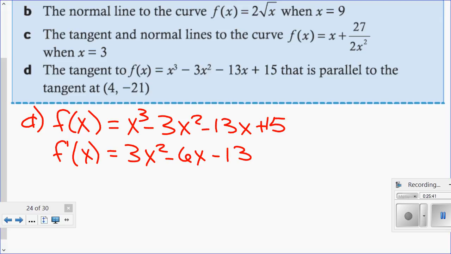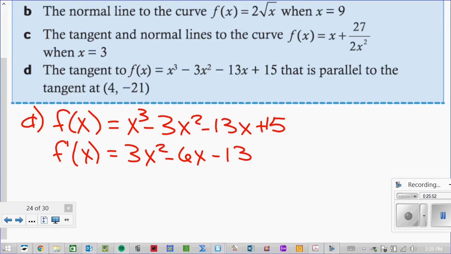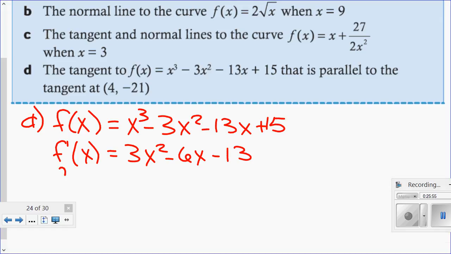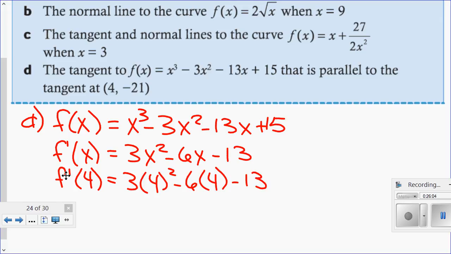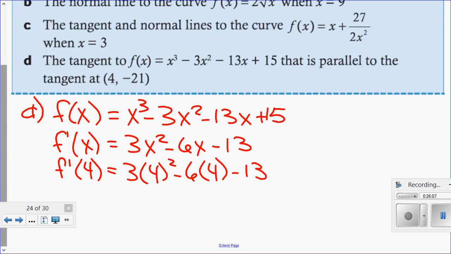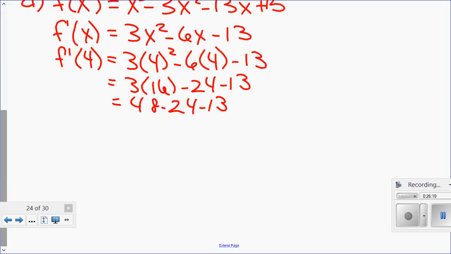If I want to find the slope of the tangent line, then I have to find the derivative at 4, right? So the derivative at 4 equals 11.